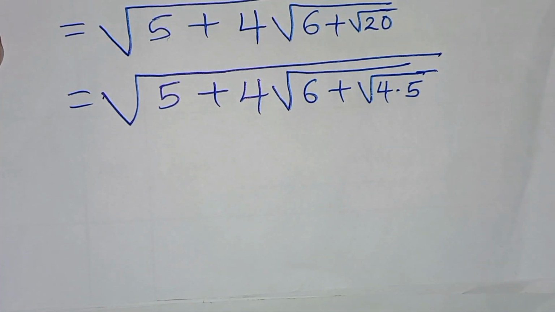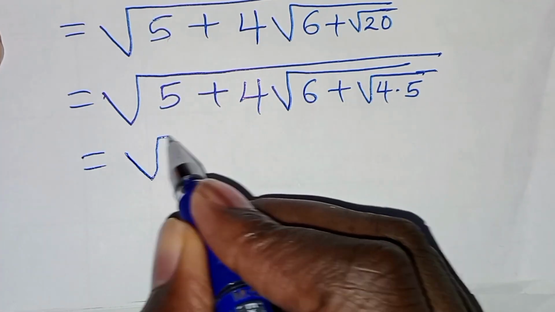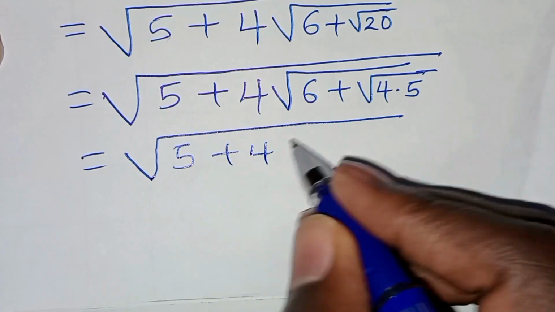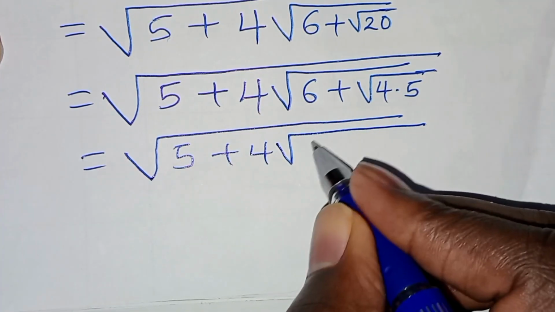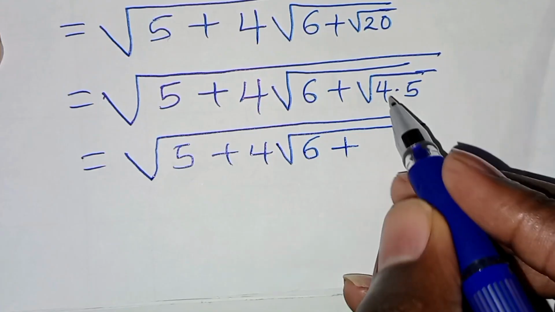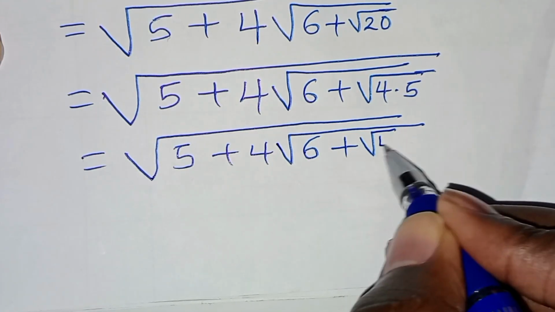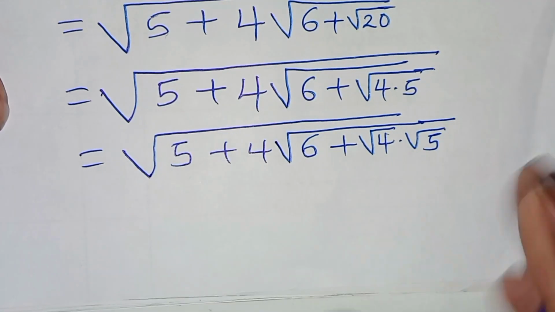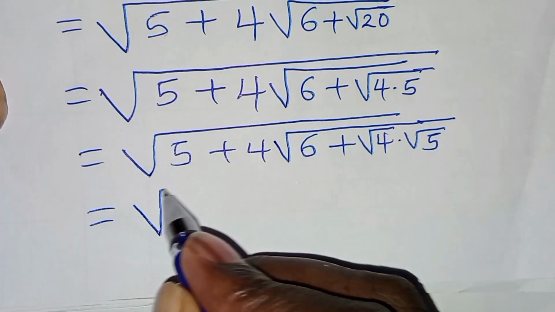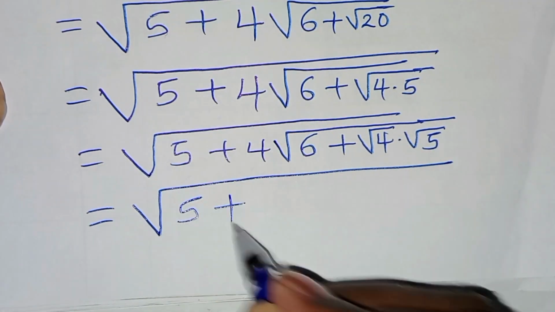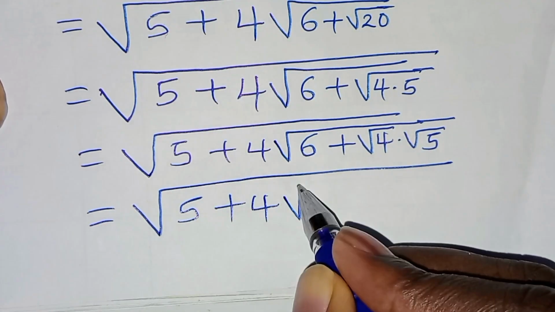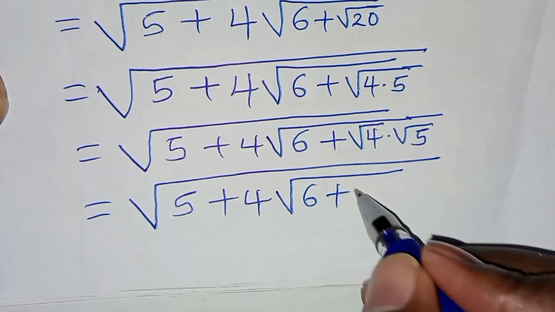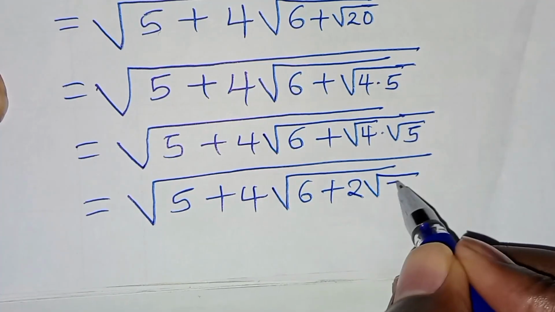Now from here, this is the same thing as square root of 5 plus 4 square root of 6 plus, here this is square root of 4 multiplied by square root of 5, which is square root of 5 plus 4 square root of 6 plus square root of 4, which is 2, then square root of 5.